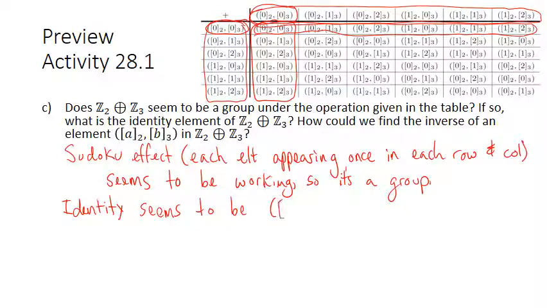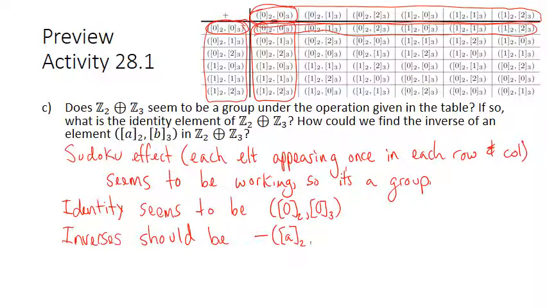0, 0, which makes sense because we're working with addition here, so the identity should be 0. Having zeros in both places would make sense with the operation we looked at on the last slide. And then how would we find an inverse? If it's really just element-wise addition, then inverses should be just the negative of both elements.